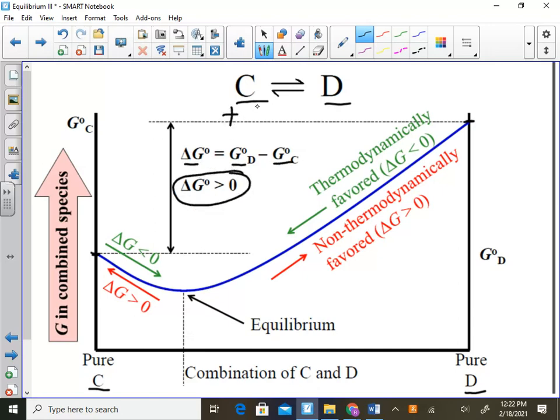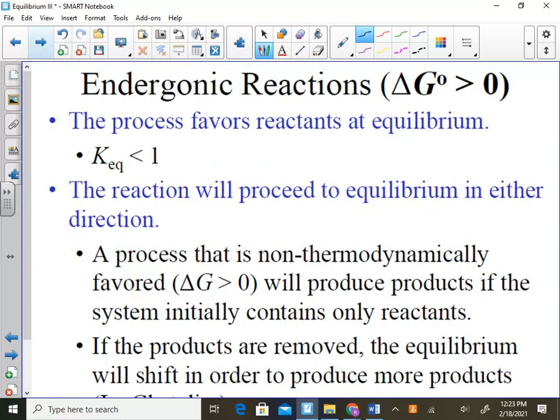A positive delta G tells us we have mostly reactants in the equilibrium mixture. This kind of process is an endergonic process, that is, whenever you have a delta G that's positive.